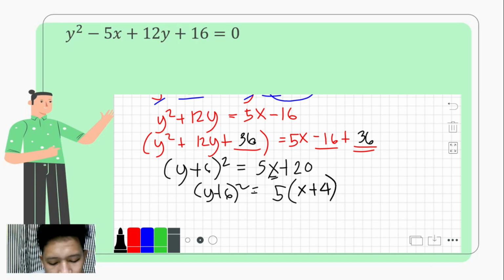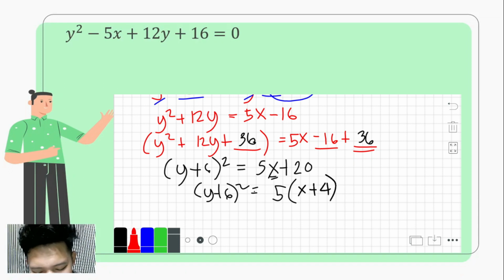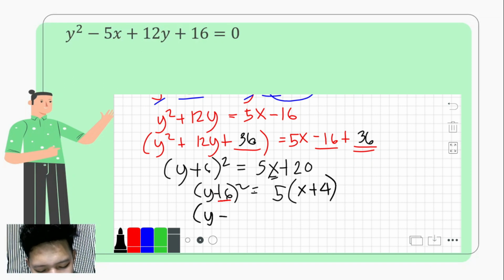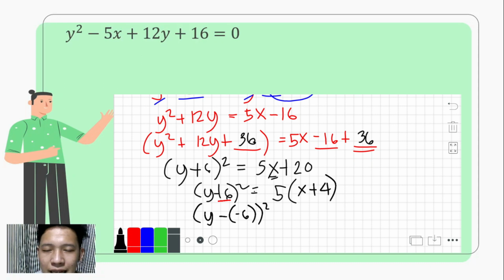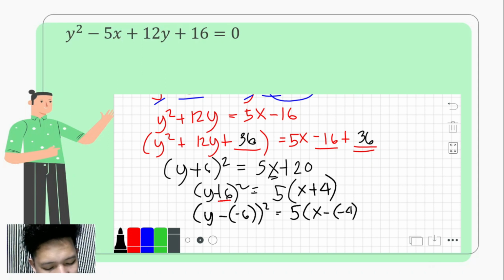But since this is still not the exact standard form of the equation, dahil ang nakalagay sa standard form natin ay y minus k, then we make it y minus k. So we have, paano ba natin ma-represent to na meron difference? So that is actually y minus negative 6 squared, because kapag inano natin, that is actually positive, equals 5 times x minus negative 4.